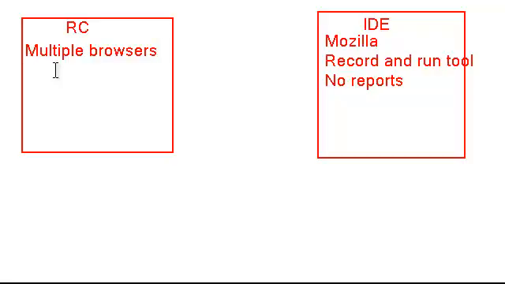Moreover, HTML and XSLT reports are both generated with RC. But for RC, you need to learn a programming language, that is C Sharp, Java, Ruby, Python, Perl. You must have knowledge of the programming language if you want to work with RC.